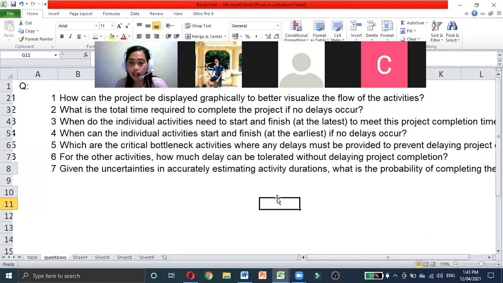So we have to get the probability, the percentage chance that the project will be completed given the uncertainties.